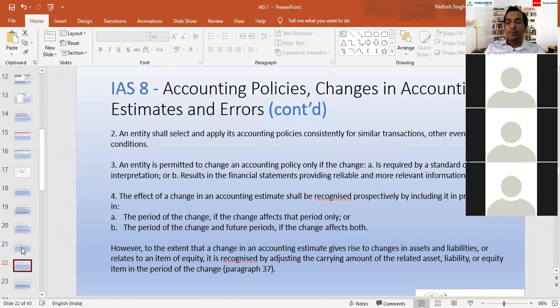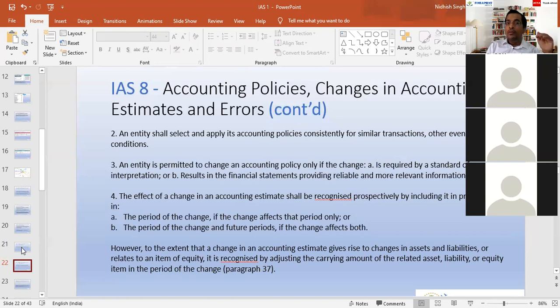Let me translate in simpler words. I talked about a machinery, and we change the useful economic life from 10 years to 15 years. What will happen? The depreciation will go down for that year. Also, the opening value of that asset will also be impacted, right?